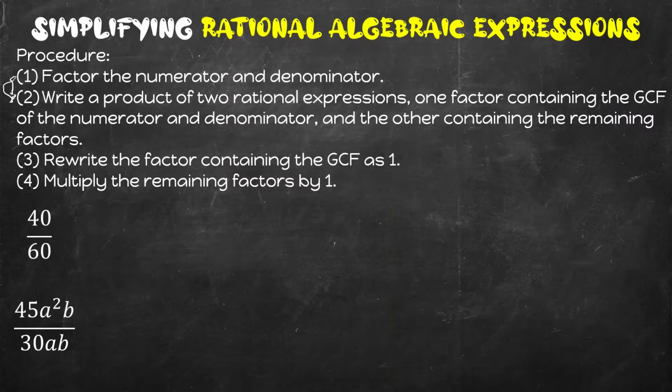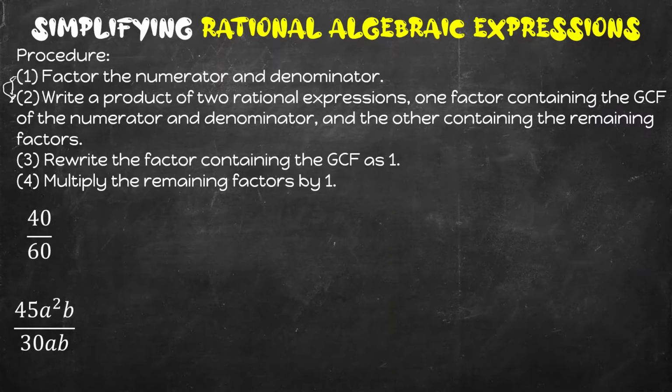Okay. Si 2 naman, we have to write a product of two rational expressions. One factor containing the GCF of the numerator and denominator, and the other containing the remaining factors. So basically, isusulat natin yung product ng numerator and denominator, yung factor nung una, dapat meron silang in common.